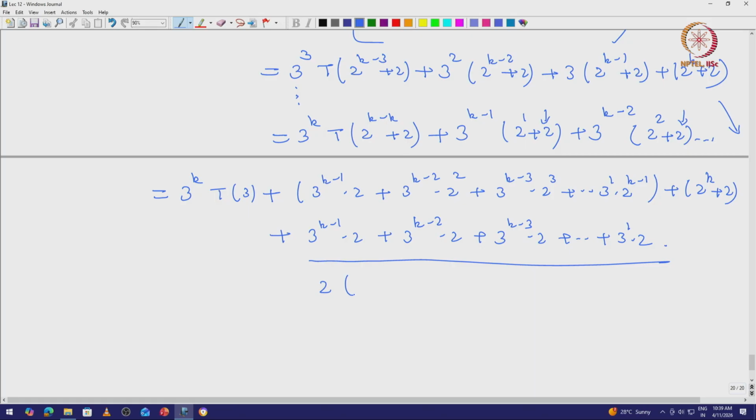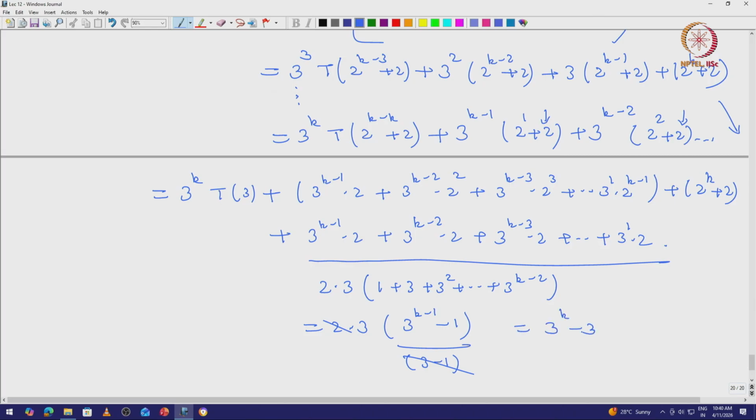It is 2 times 3 times 1 plus 3 plus 3^2 up to 3^(k-2), which is 2 times 3 times (3^(k-1) - 1) divided by 3 minus 1, a geometric series sum. Therefore, the 2 gets cancelled, this is 3 times, therefore this is nothing but 3^k minus 3.